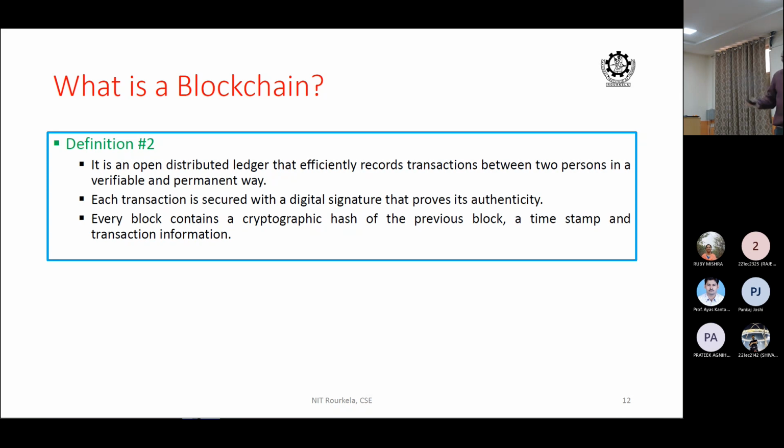Then digital signature and encryption techniques are not feasible. So here, each transaction is secured with a digital signature that proves its authenticity. Each block contains a cryptographic hash of the previous block. So it's not only information about the current block, it has a pointer to the previous block.